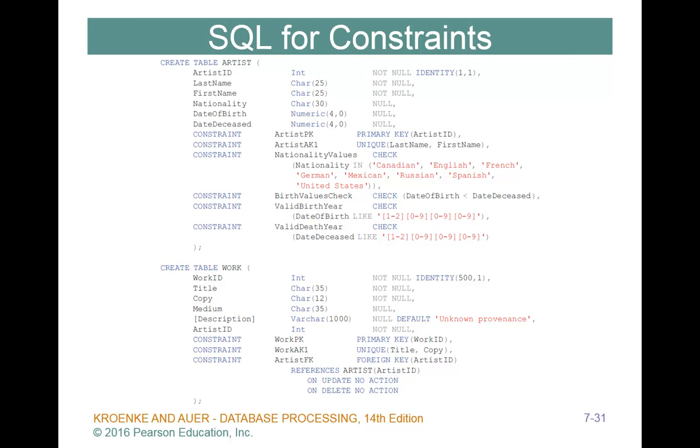So in our nationality values, we're going to check to make sure that the column nationality, and we say IN, has to match one of these values. It's going to check to make sure that one of these 8 values can be accepted.